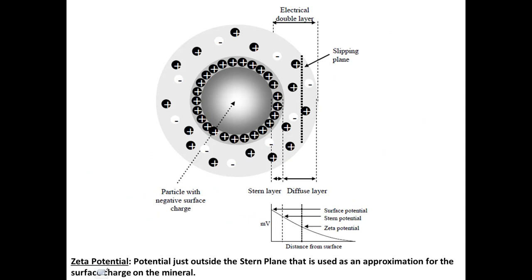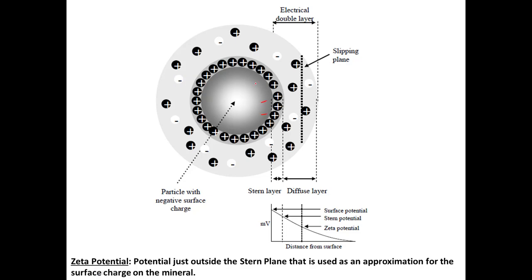So what does this look like around a mineral? This cartoon shows that we've got our particle, in this case with a negative surface charge. It will attract positively charged ions to neutralize that negative surface charge.